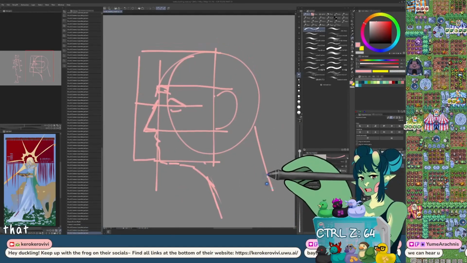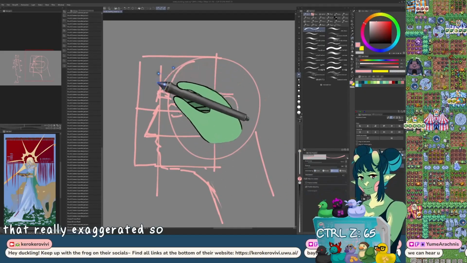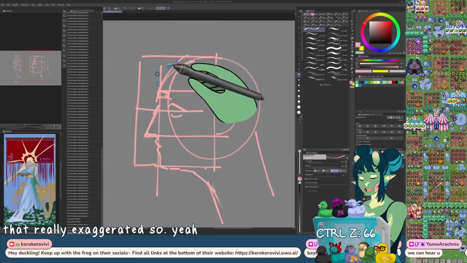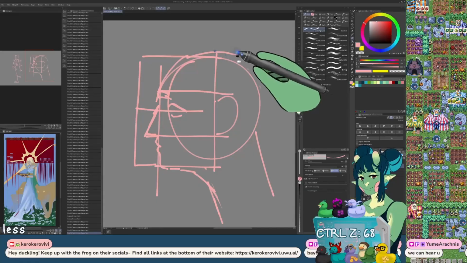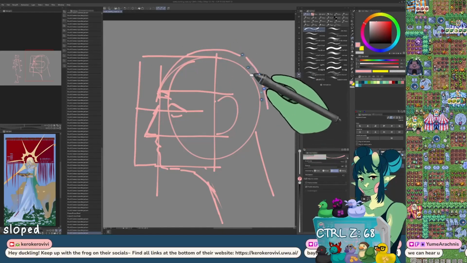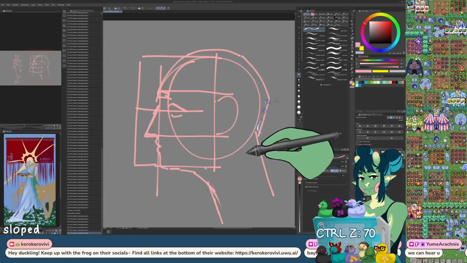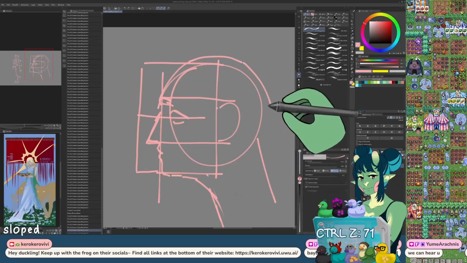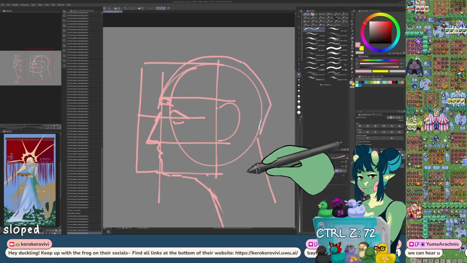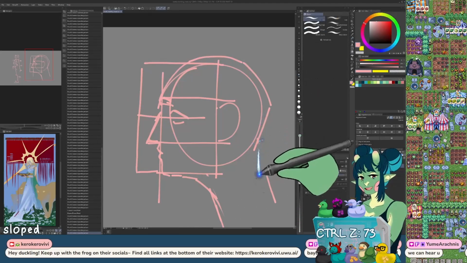I drew that really exaggerated, so you know, this forehead is really sloped. It could be less sloped. The neck is actually too wide.